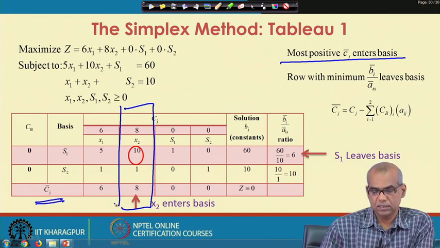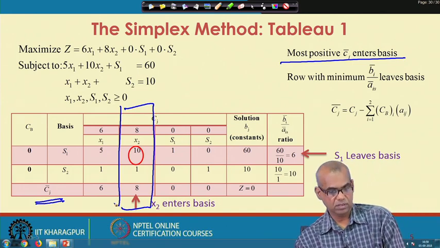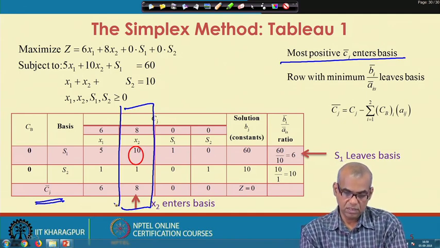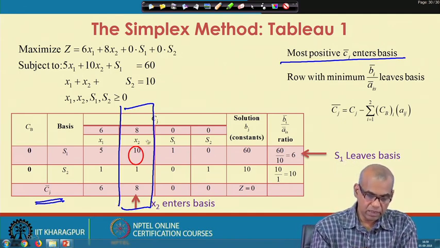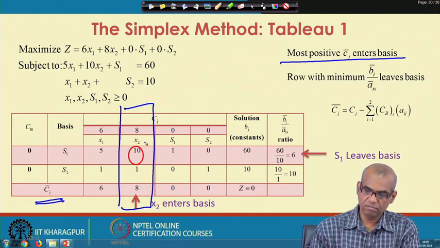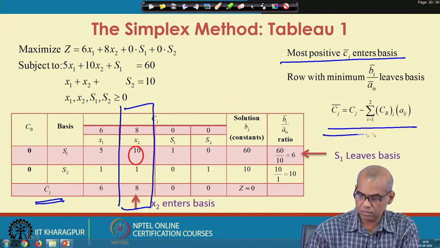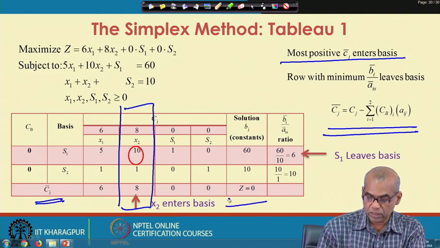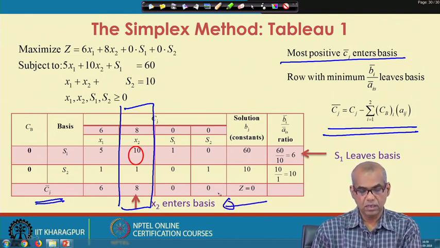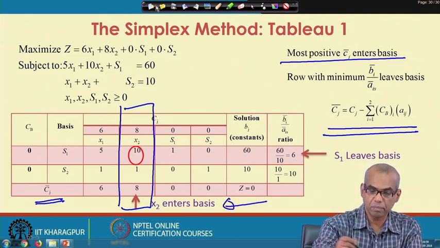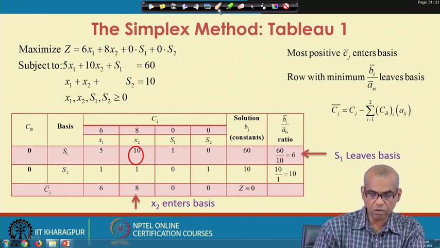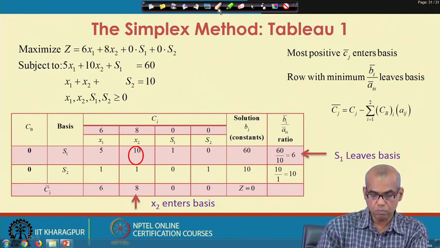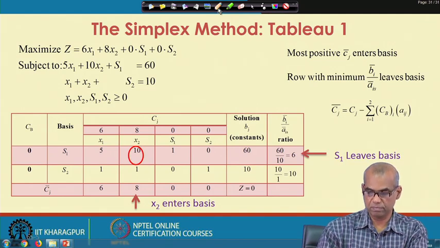So, I, which stands for x2 here, so Cj bar tells me to find out which non-basic variable will enter the basis, and we find that from the most positive value of Cj bar.